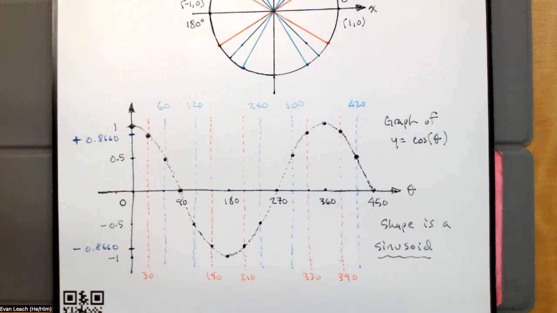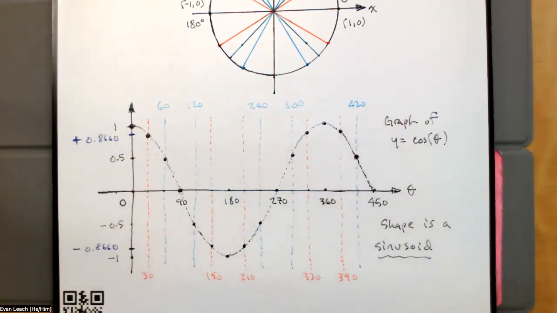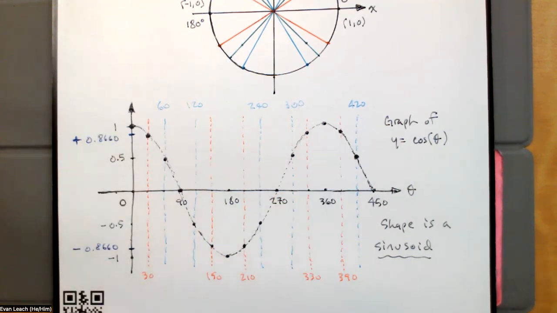So we can measure things that go up and down over time. So like high tide, low tide, high tide, low tide. And instead of going from 0 to 360, maybe from high tide to the next high tide, it's 24 hours. And we can figure out a function that will describe what's going on.